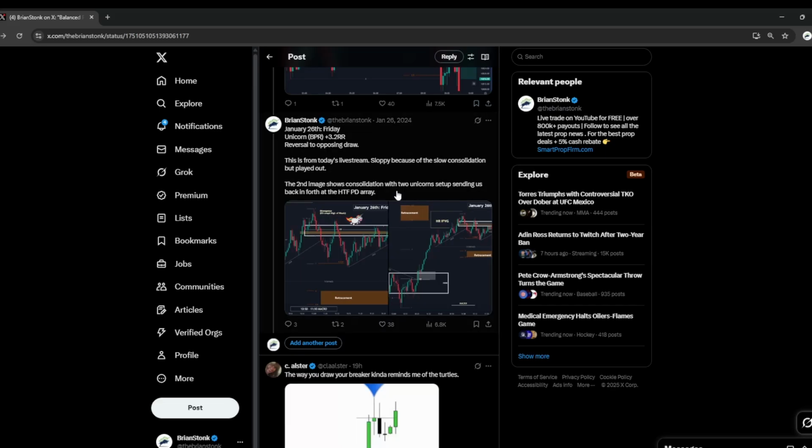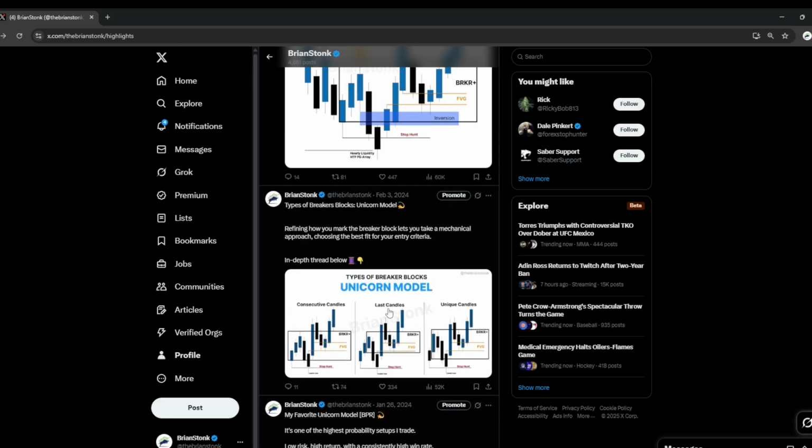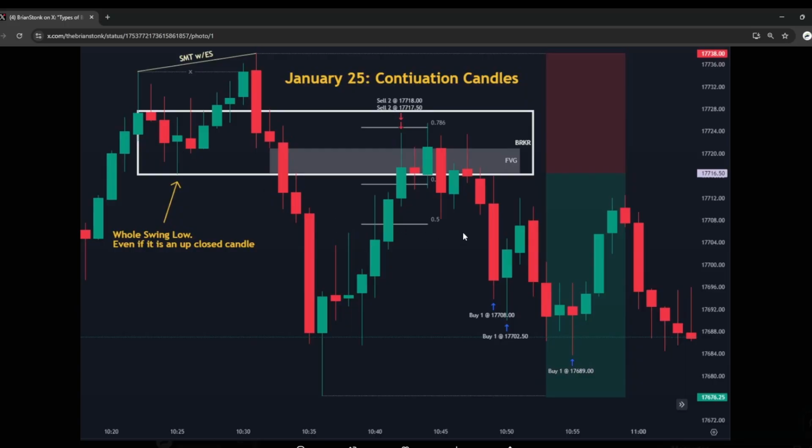Lots more examples here. I'm just going to move on to the next one because we know the deal with unicorns, with BPRs now. We're going to move on to types of breakers and how I mark them here. So continuation candles. Let's just look at this here. What do I see? What did I mark here? I think I did bearish continuation candles, right?